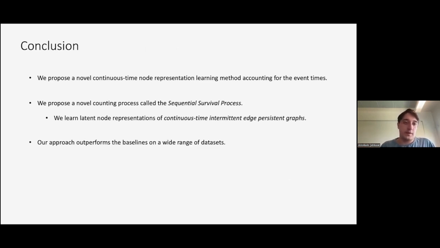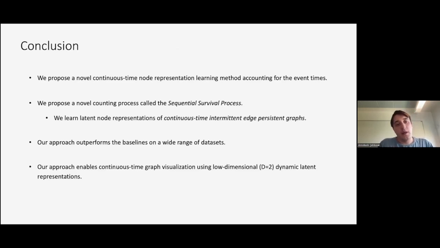And we show that our models can outperform the baselines on different types of data sets. And also we show that our models can serve as a visualization tool because they can accurately embed the networks in very small dimensions like 2 and 3.